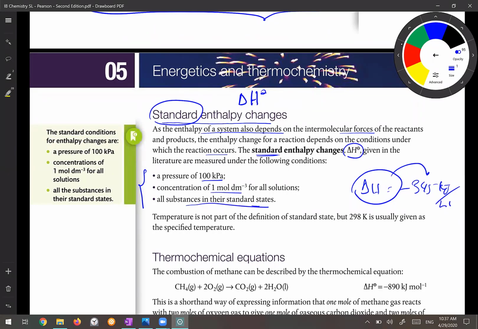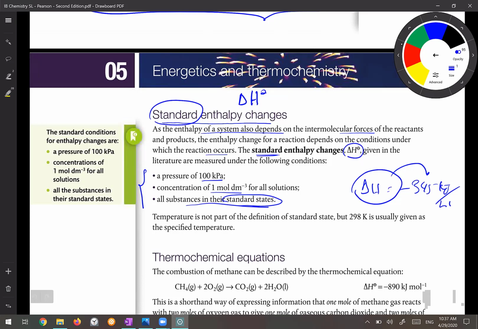What does it mean that all substances must be in their standard state? It means if you have water in these conditions, it must be liquid. You cannot have ice, for example, there, because then this delta H is not standard.